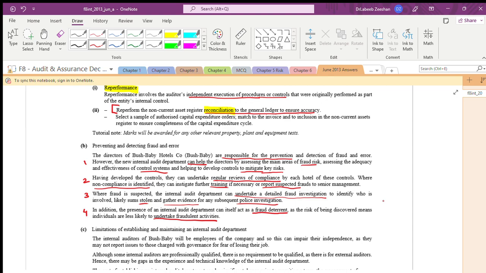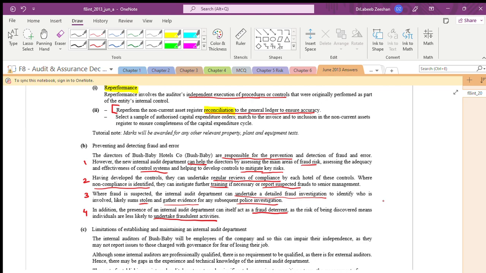Second, they will develop the controls and they review the controls. If the controls are not complied with or followed, they will report this to the senior management. Third, if fraud is detected, they will do a detailed investigation and gather sufficient evidence before a subsequent investigation.